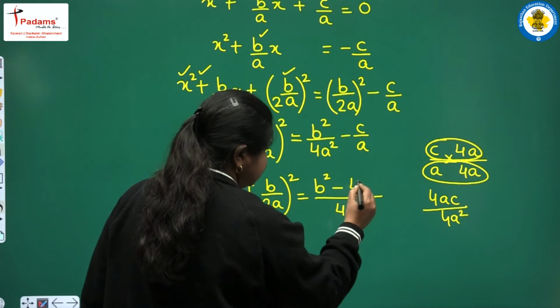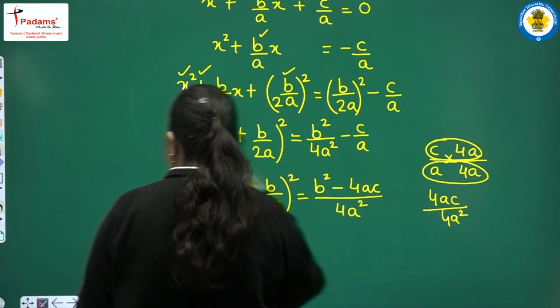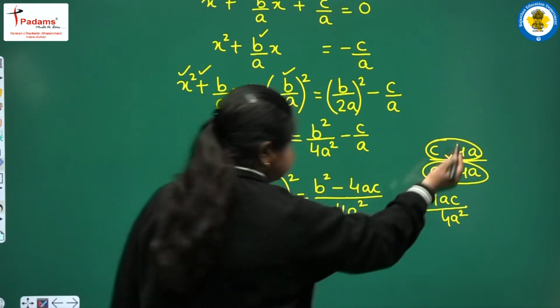So here we have b square minus 4ac. I hope it is clear.